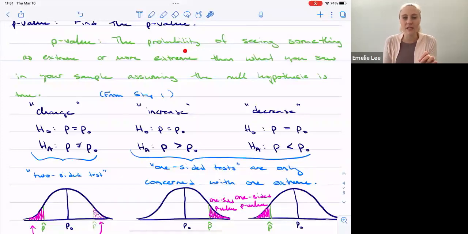If the probability of seeing something as extreme or more extreme than what you saw in your sample is really small, assuming the null hypothesis is true, then that's evidence against the null hypothesis, right? So what we end up saying is our conclusion is based off of, okay, if the p-value is small enough, and we're going to have a threshold to determine what's small, right? So if the p-value is small enough, we have enough evidence to reject H0 in favor of HA.